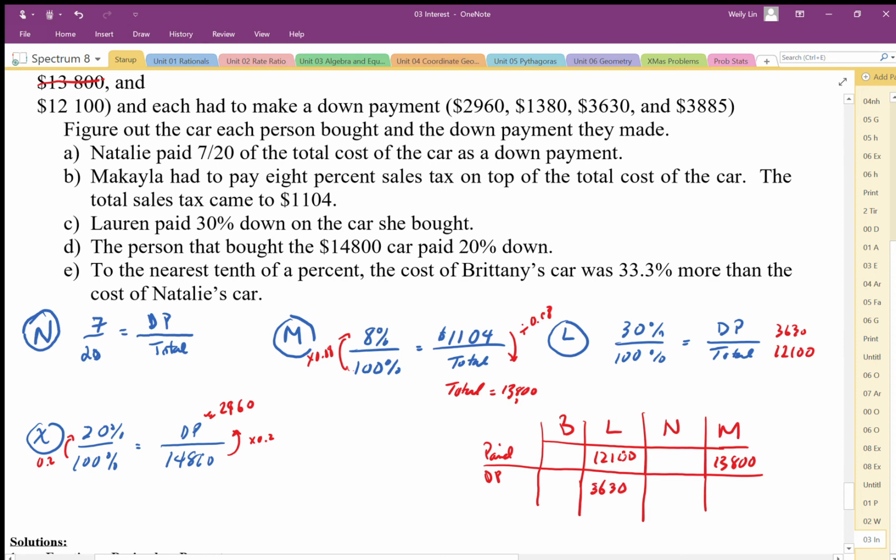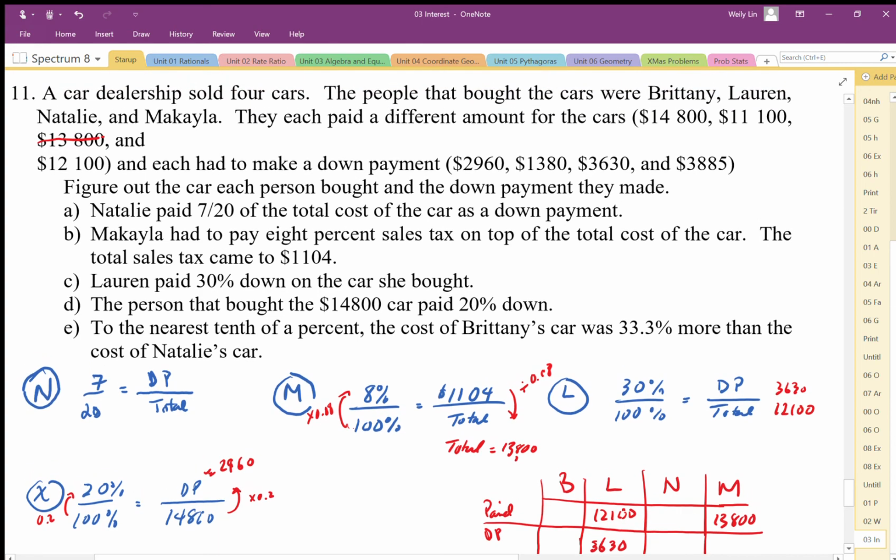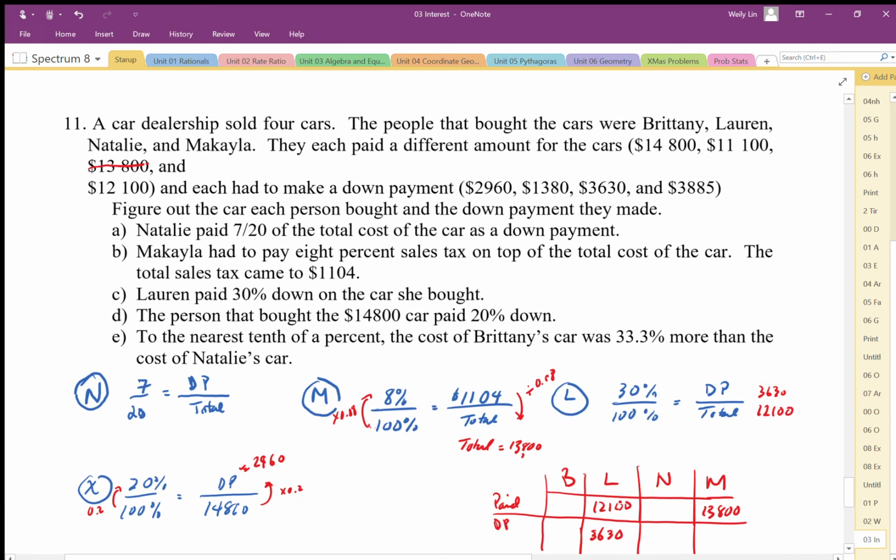And we know that Natalie's car was less than Michaela's. Looking at the cars here, we can get rid of that car, and we can get rid of this down payment. The two cars left are going to be 14,800 and 11,100. I think we can safely assume that, but let's make sure that works.